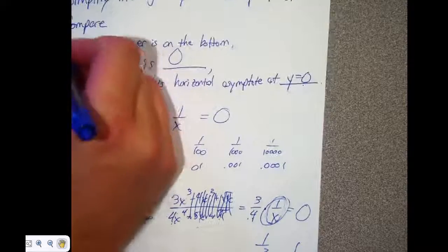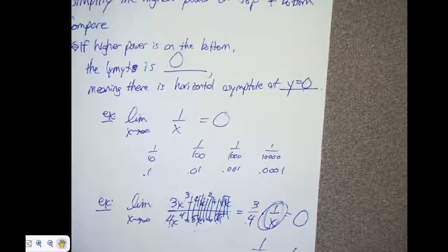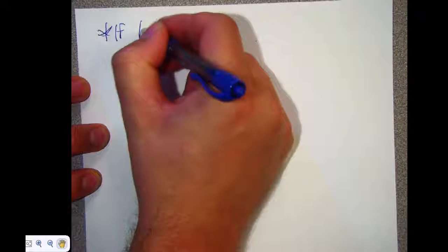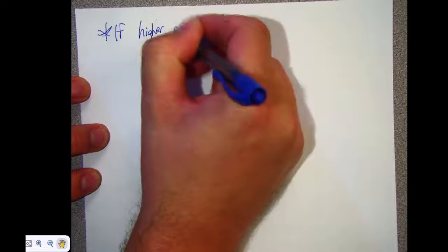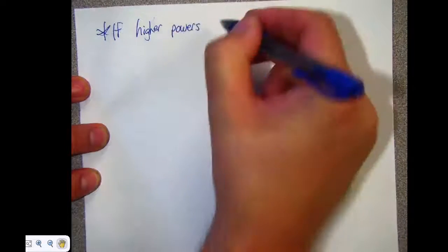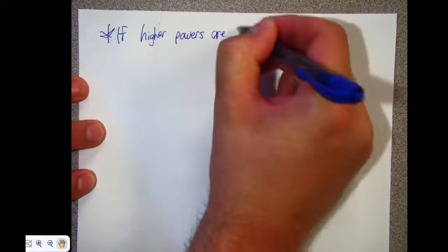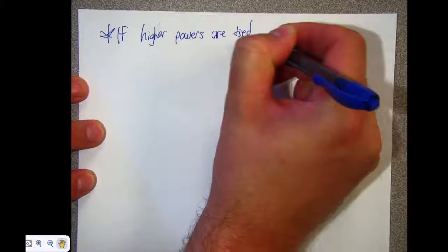So this is your first bullet point there. Higher power at the bottom, we get 0. The higher power is tied. Let's do that. Higher powers are tied.